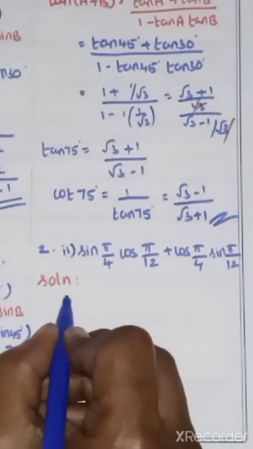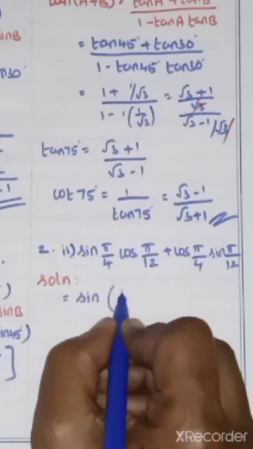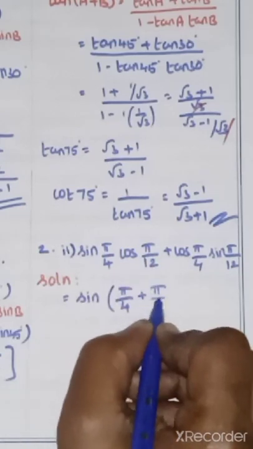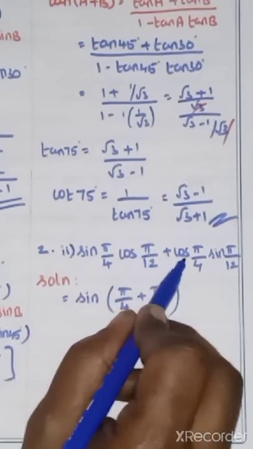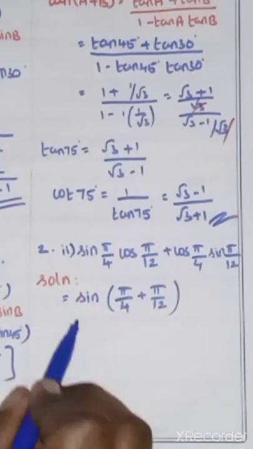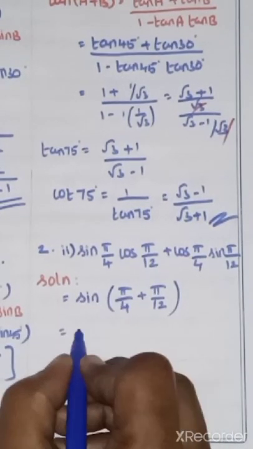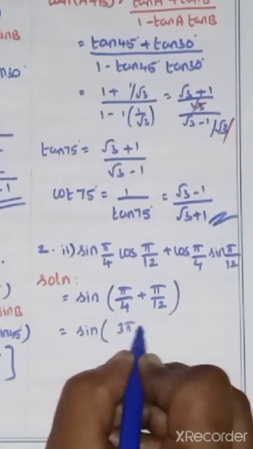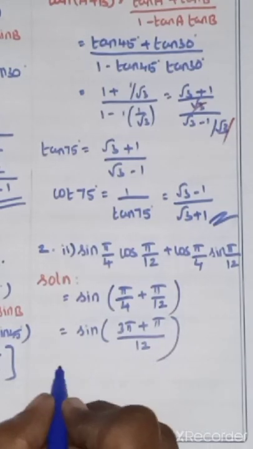Sin A cos B plus cos A sin B is sin(A plus B), right? So here we can directly write this as sin(A plus B). A value pi by 4, B value pi by 12. Taking the LCM of this, 12 is the LCM. So 3 pi plus pi divided by 12, that is 4 pi, correct?